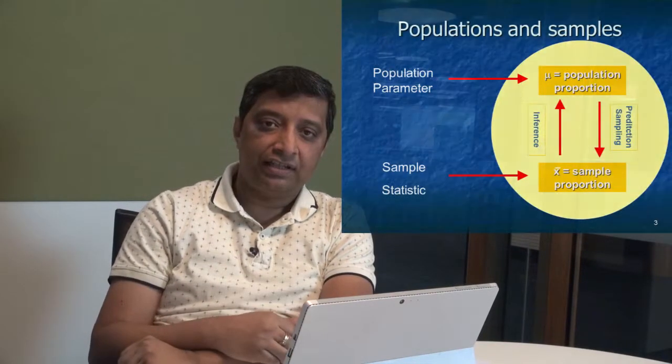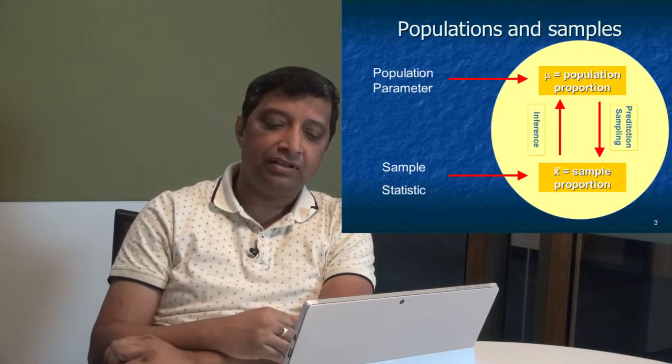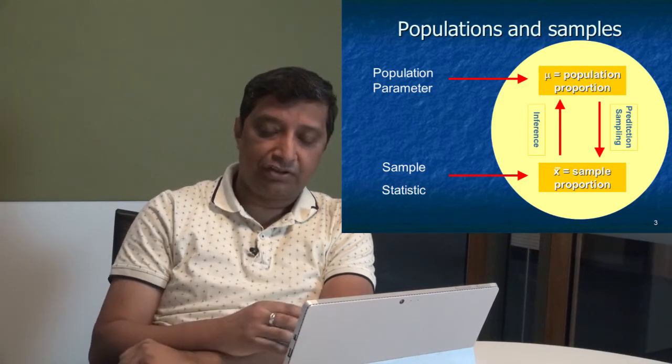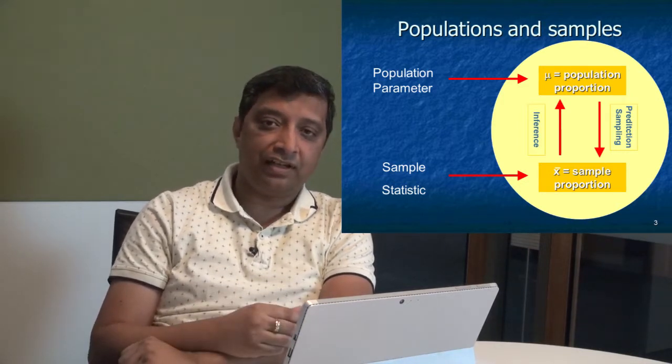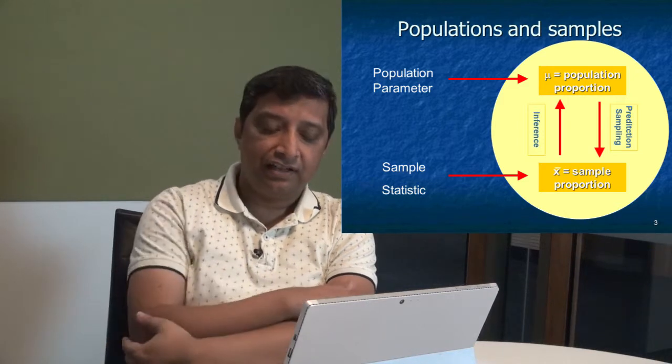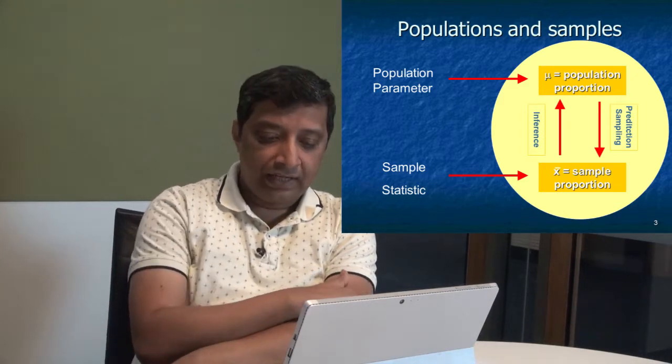In a national election, they'll likely be speaking to about 1,000 to 1,200 people to make a prediction about the election results, where millions of people would actually be voting. That's done because, again, it's very costly and time-consuming to contact people, and sometimes it may be impossible to contact the entire population, as is typically the case in a national election.